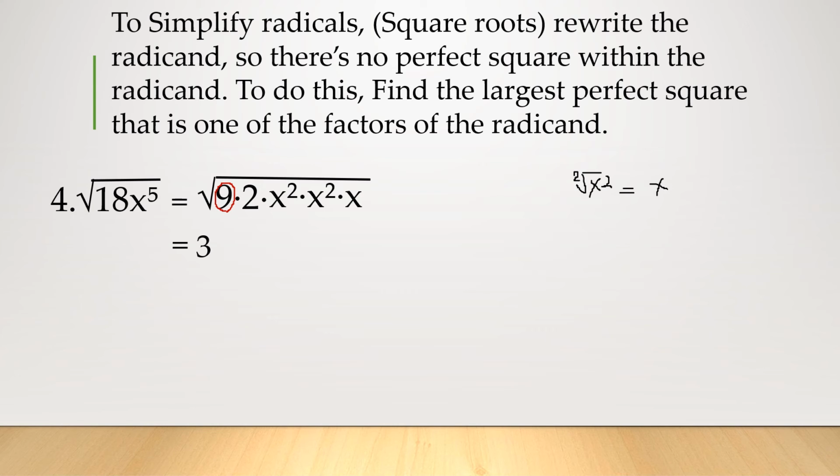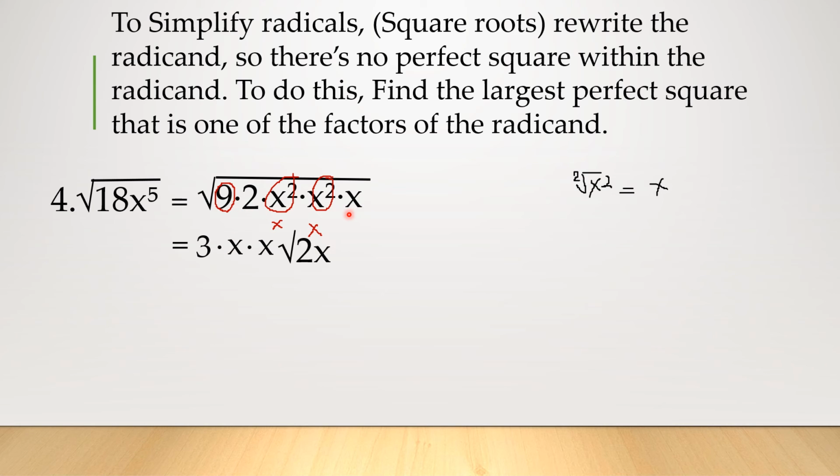Now, how about the square root of x squared? That is x. The square root of another x squared here, that is another x. So that is x times x. I'm going to bring that outside the radical sign also. So what is left inside the radical sign is this number 2 and x.